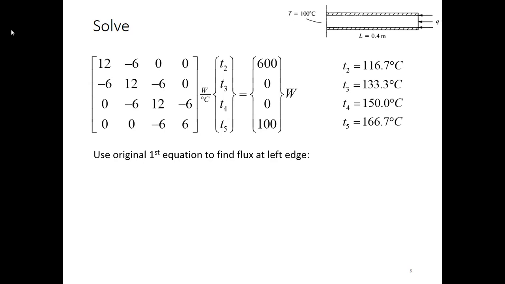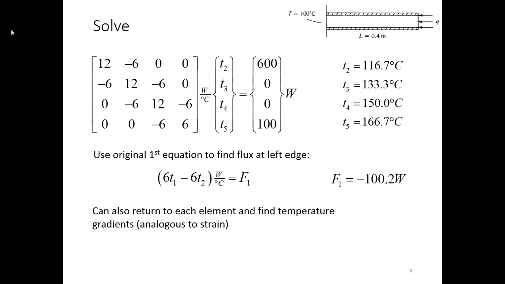Now I can go back and use that original first equation, the one that I modified, in order to find the flux at the left edge. That equation was that 6 times T1 minus 6 times T2 was equal to F1, which gives me a flux at the left edge of minus 100.2 watts.